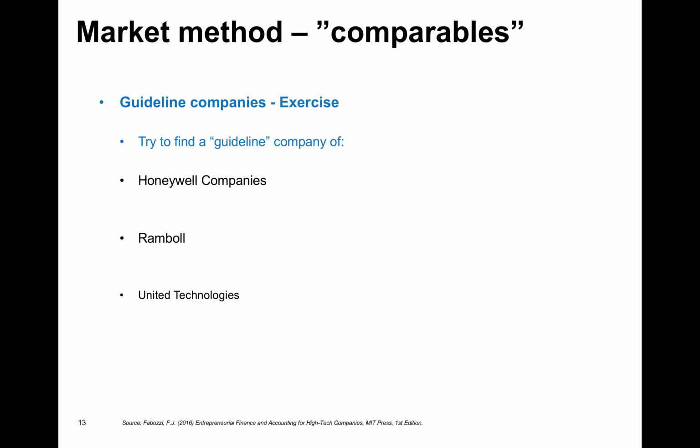Again, we try to do the same exercise. We try to look at Honeywell, we try to look at Rumble, and we try to look at United Technologies. Actually, now you will have to look at Raytheon Technologies because they've been recently merged. This is a very interesting case because now that they are merged, the business has changed a bit. So part of United Technologies is not there anymore.